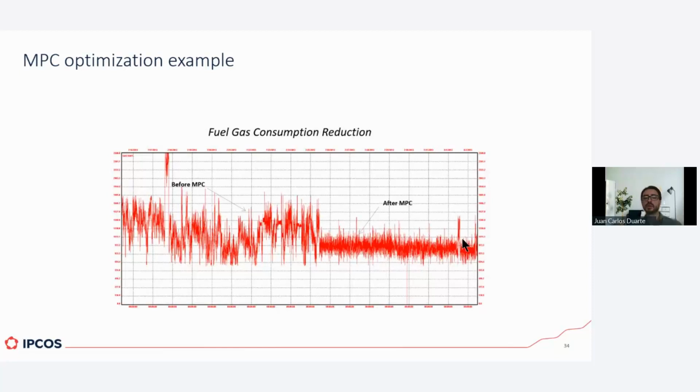So here we have an example of what we achieved. Before APC was implemented, the average natural gas consumption of the boiler was roughly around 1,200 kilograms an hour of natural gas, and then it was reduced all the way down to 900, 850.